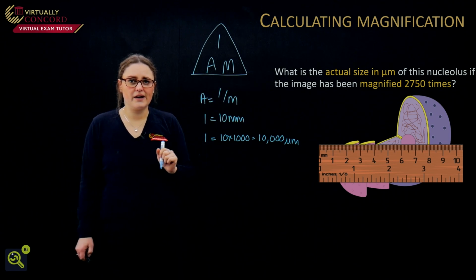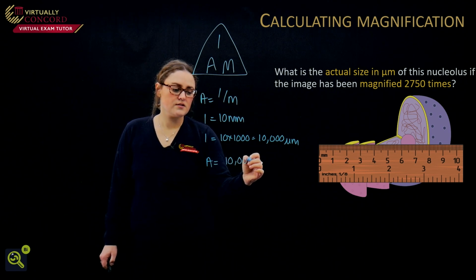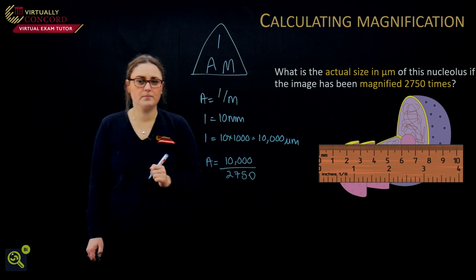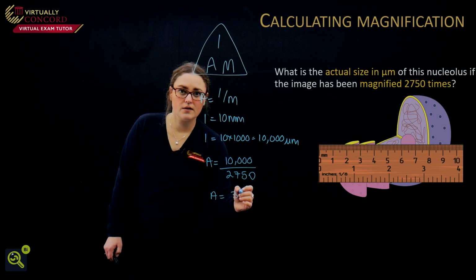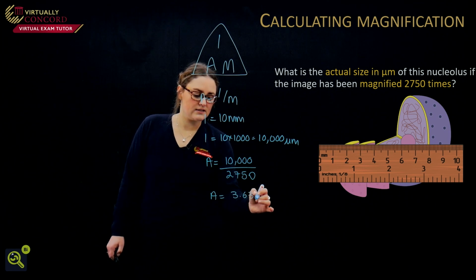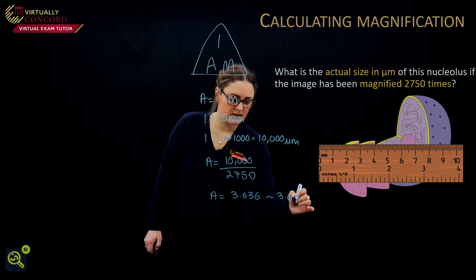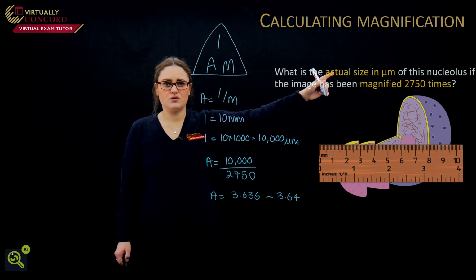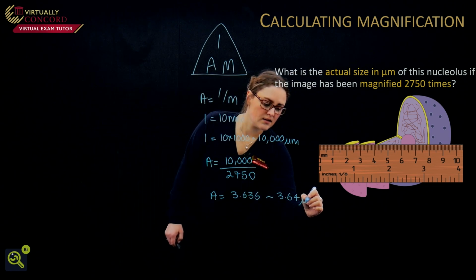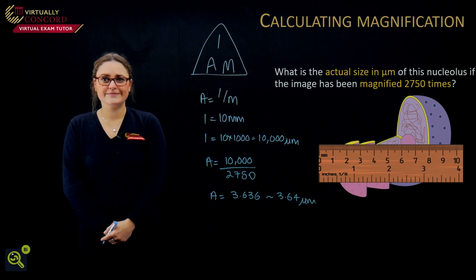So we've got image divided by magnification: A equals 10,000 divided by 2,750. Our answer for A is 3.636, which we can round up to 3.64. Now the only thing missing is our units. It wants the actual size in micrometers, so you must make sure that you put your unit on the end or your answer doesn't mean much.